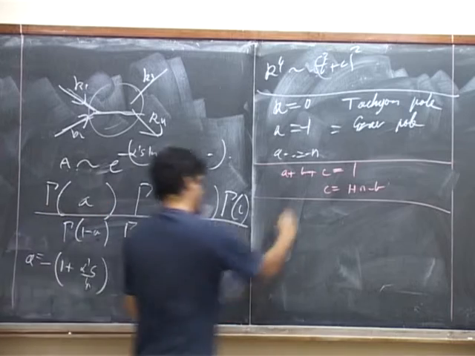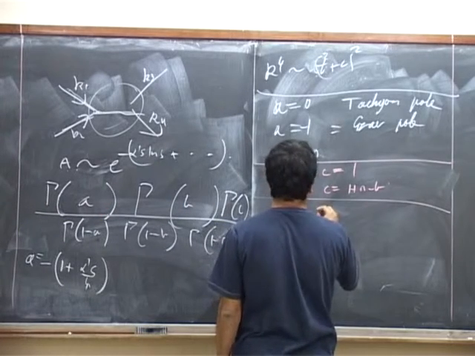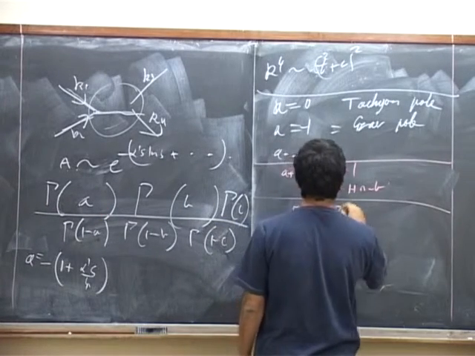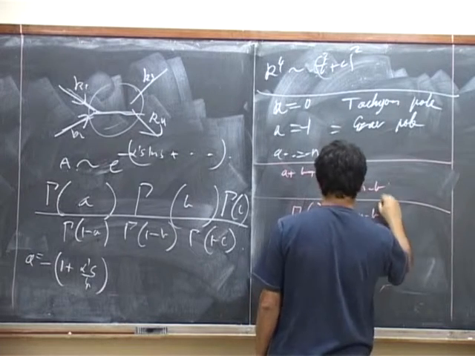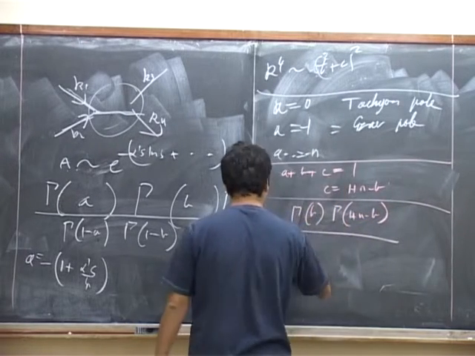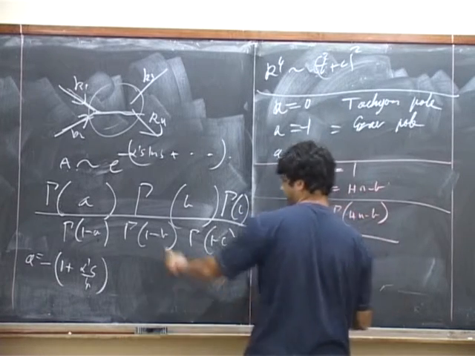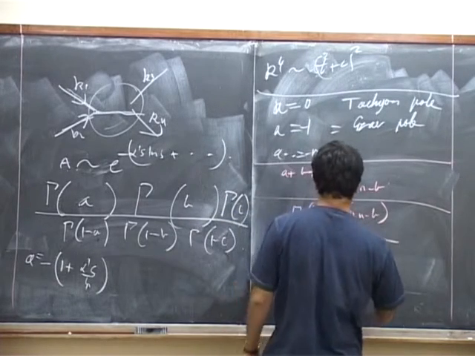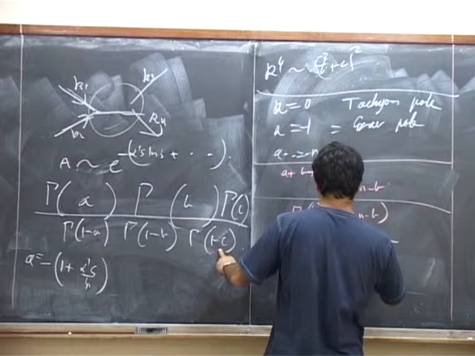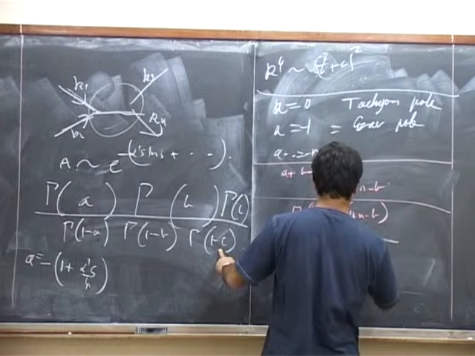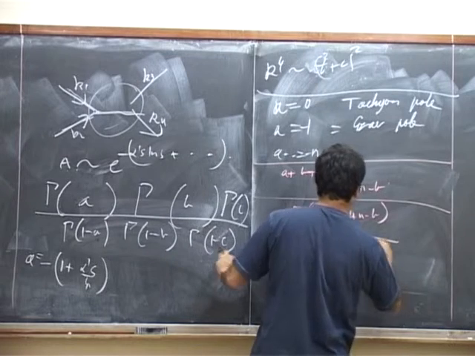So this is gamma of b times gamma of 1 plus n minus b over gamma of 1 minus b times gamma of 1 minus 1 minus b.